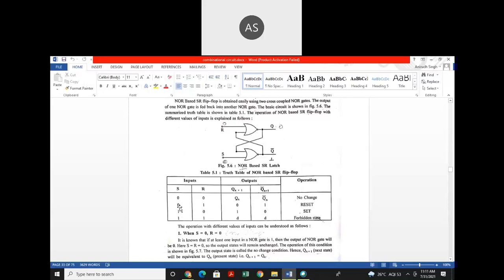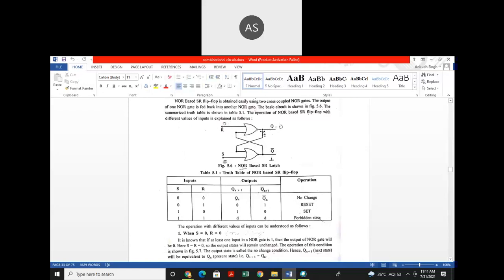Then when S is 0 and R is 1. Here R is 1, and if the previous state is 0, then 0 is connected to this terminal, and this is 1 and this is 0, since S is 0, 0, 1, we get 0, and this 0 is connected to this terminal, and R is 1 in this case. So here we get 0.